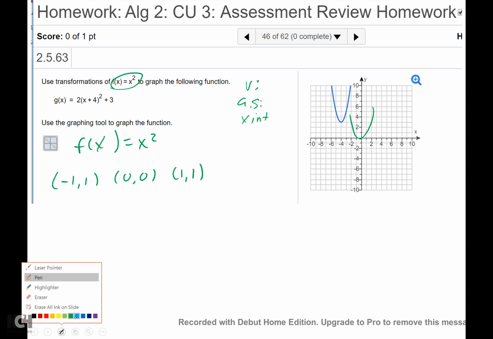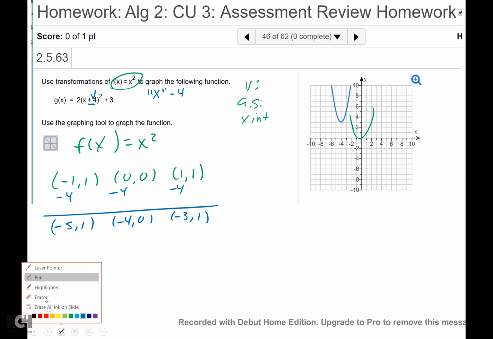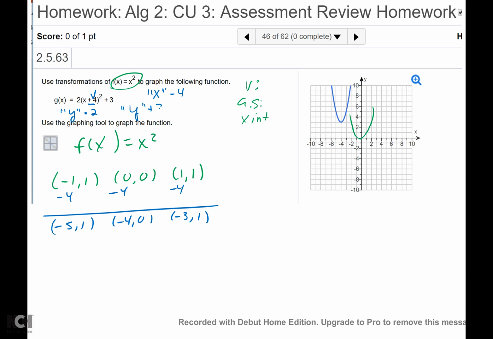And if I do all this math to it, this says subtract 4 from all the x's, so minus 4, minus 4, minus 4. I get negative 5, 1, negative 4, 0, negative 3, 1. Okay, and that's done. Now outside, they want me to multiply the y by 2, and they want me to add 3 to my y's.